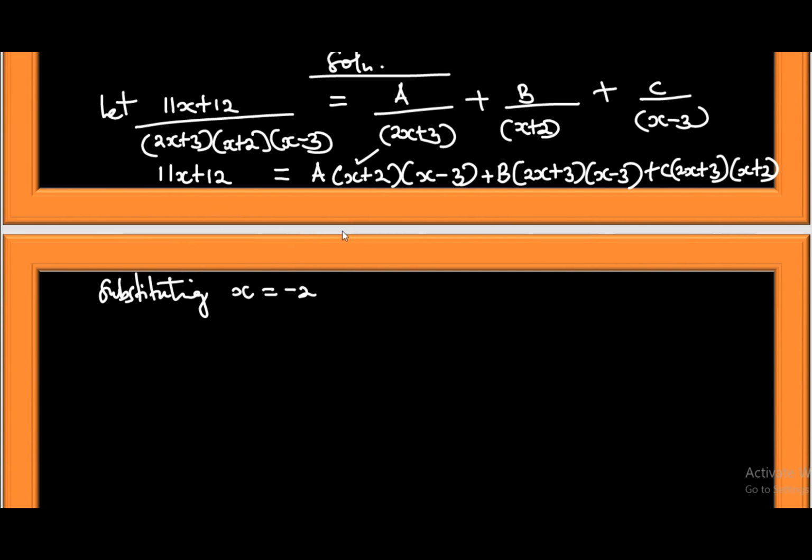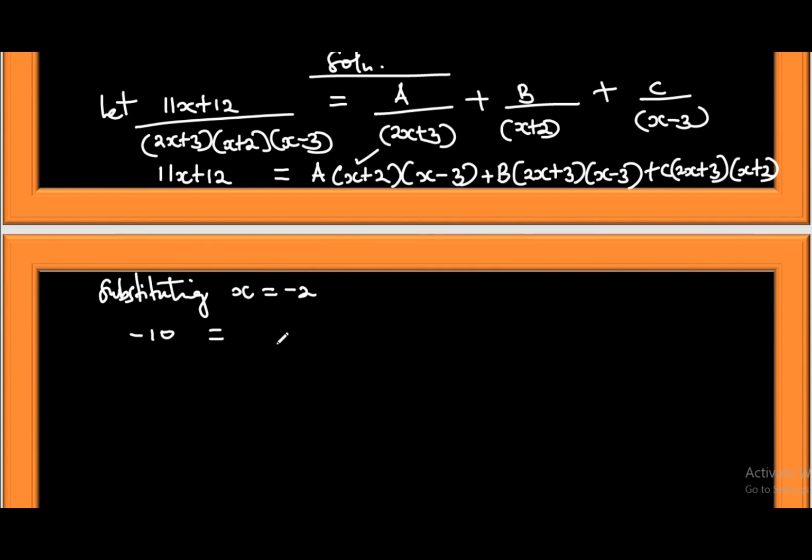The beauty of doing this is that the whole of the first term becomes 0, because we have x plus 2, and negative 2 plus 2 is 0. The third term, which also has x plus 2, also becomes 0. On the left, when you put negative 2, we have 11 times negative 2, which is negative 22, plus 12. When you do that, you will get negative 10 on the left-hand side. So we shall have minus 10.